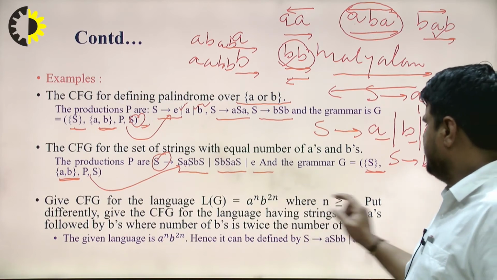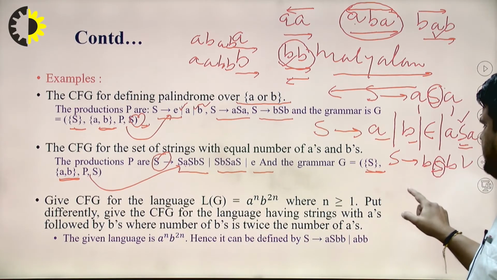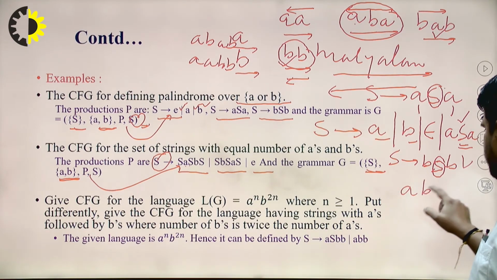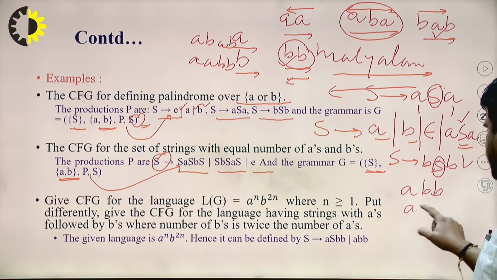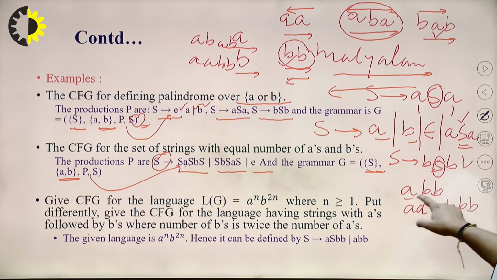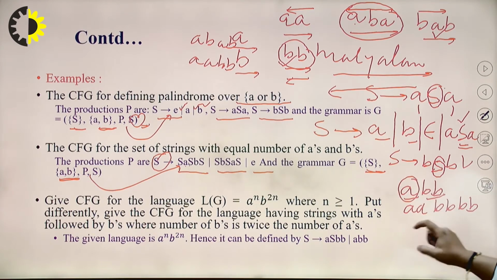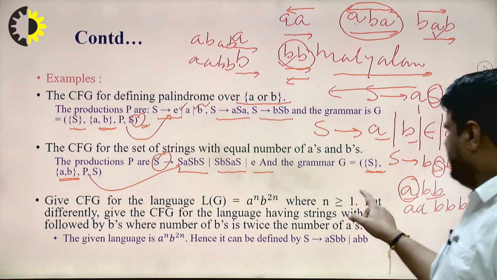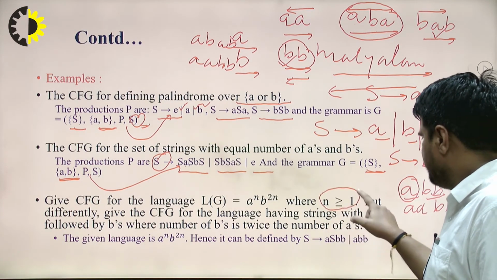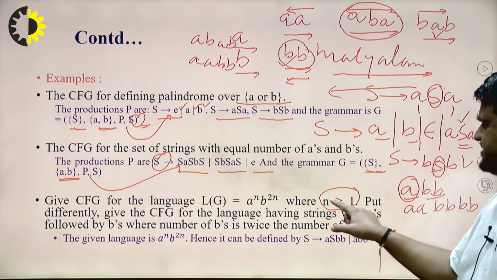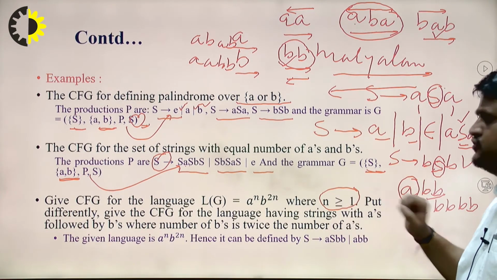So whenever you think, the strings are of the form A, B, B, A, B, B, B, B, right? Meaning the number of B is twice the number of A. Second thing is that you have to focus on this particular restriction. The restriction is that n is greater than or equal to 1.